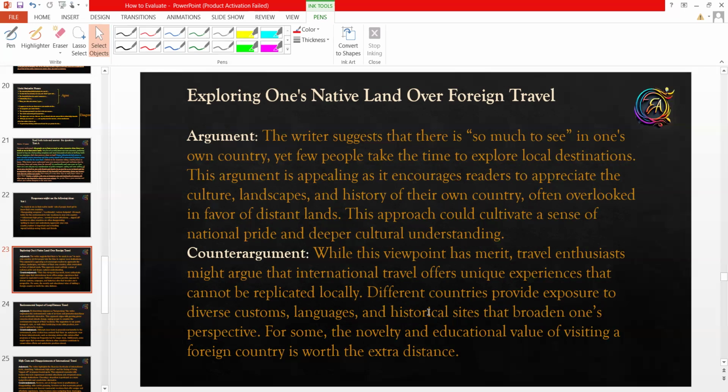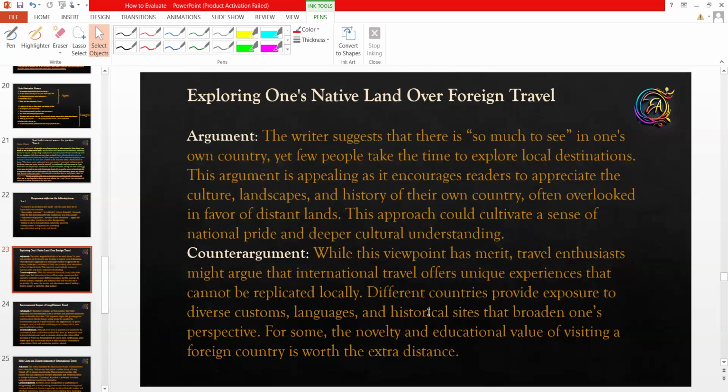Now, see, what I have done here is I have agreed with one of the opinions, and at the same time, if you do not agree, if you think that yes, going to other countries is more attractive or more adventurous, you can give an argument on that point. Okay, so there's an argument and there's a counter argument also. Okay, so let's read it out.